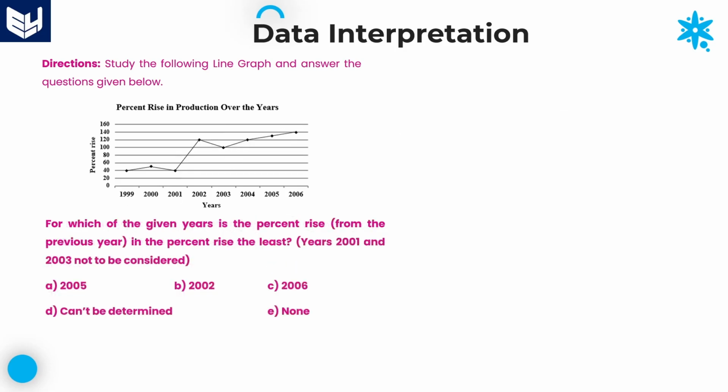Fourth question. Here the fourth question is, for which of the given years is the percentage rise from the previous year, as compared with the previous year, the least? See here, this is very important.